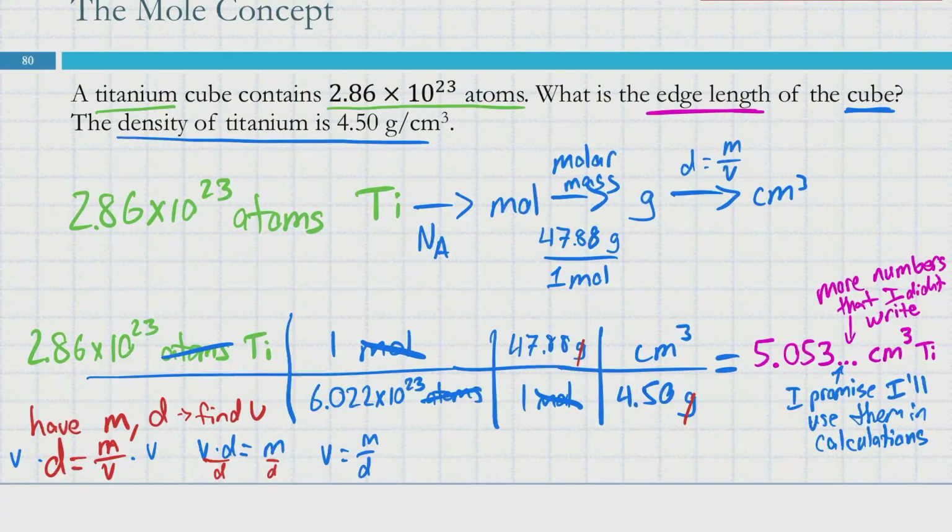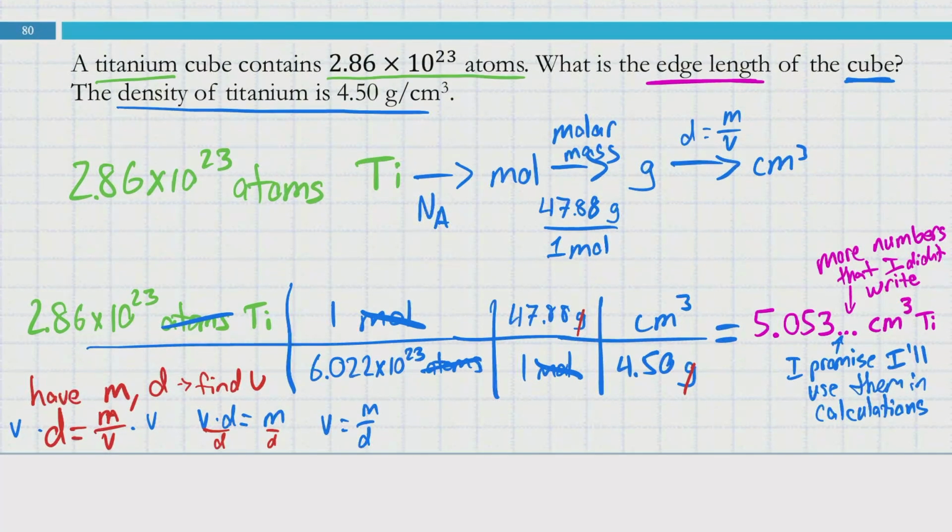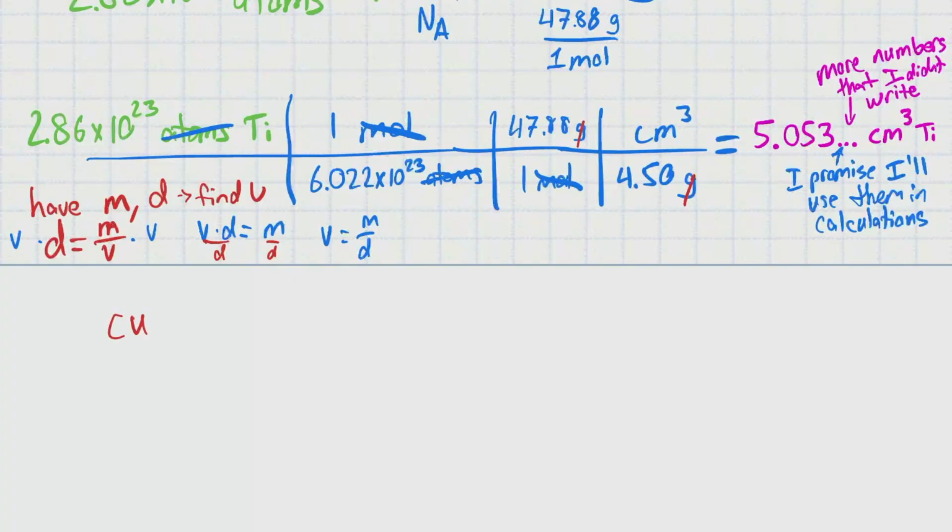Now the fun trick, fun in quotation marks, the fun trick is that a cube has length equal to its width equal to its height. So those are all the same. So length times length times length.